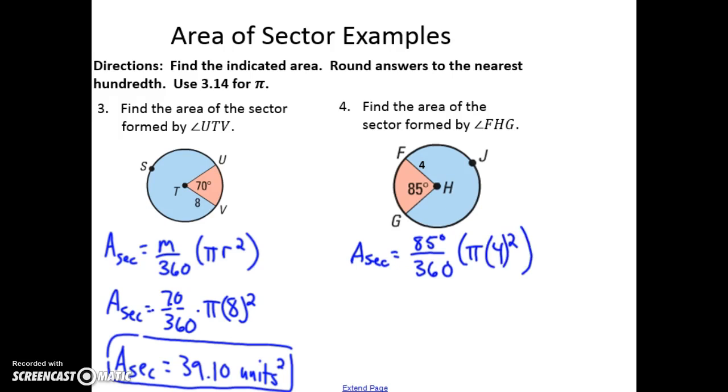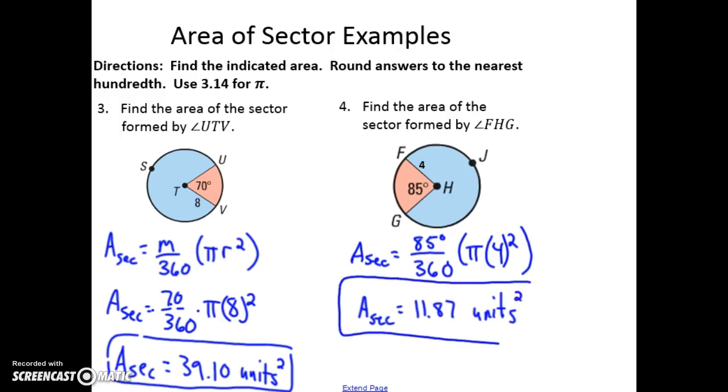So that becomes 16 times pi times 85, and then divide it by 360. And you get an area of 11.87. And we don't have any units, so we'll just say square units or units squared.